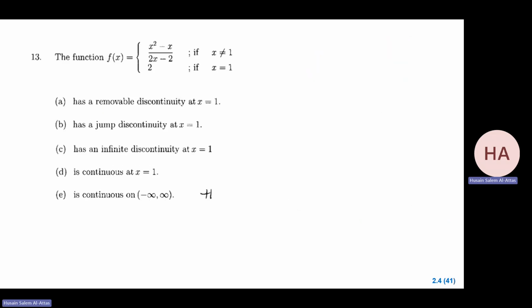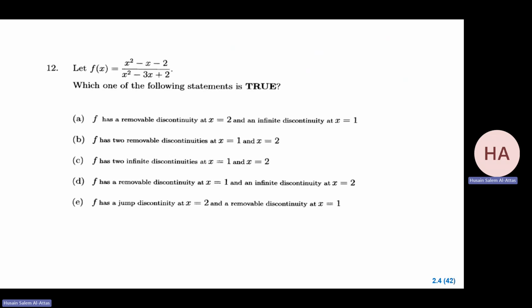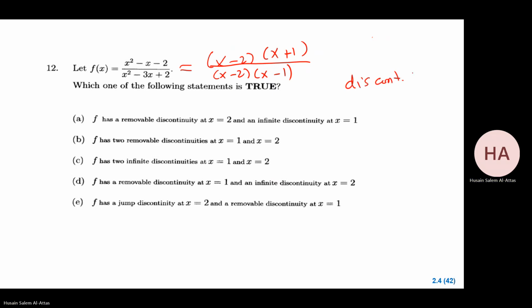Actually, this is the question which we did. When I say it's removable, when I say it's not removable, the same thing. I'll just simplify this. x minus 2, x plus 1, I have x minus 2 of x minus 1. So what are the points of discontinuity? x equal 2, x equal 1.